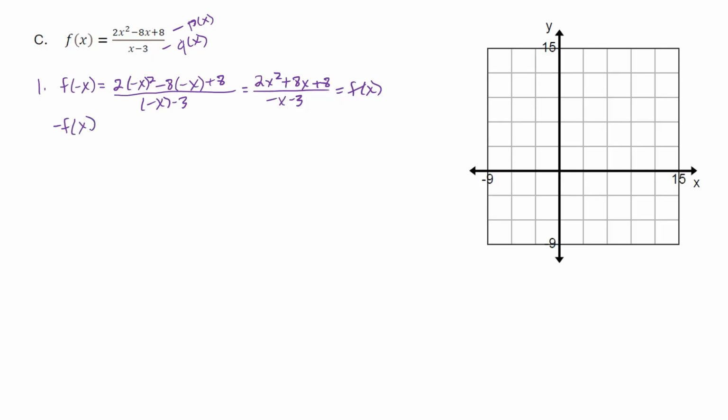So we'll test the next one, which is multiplying our numerator by negative 1. So we'll get negative 2x squared plus 8x over x minus 3.